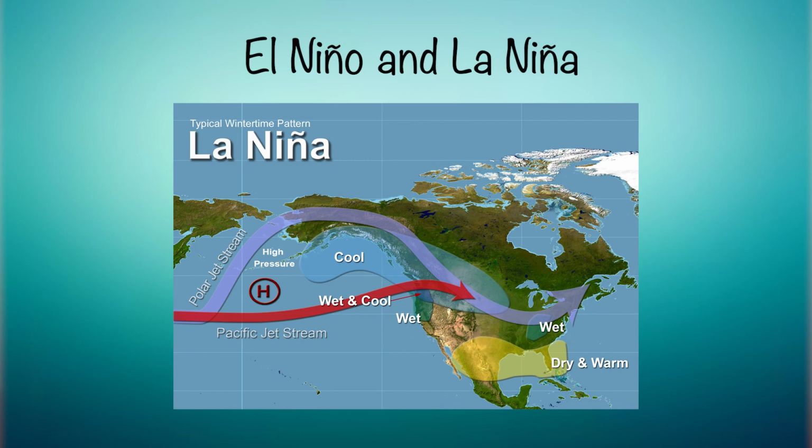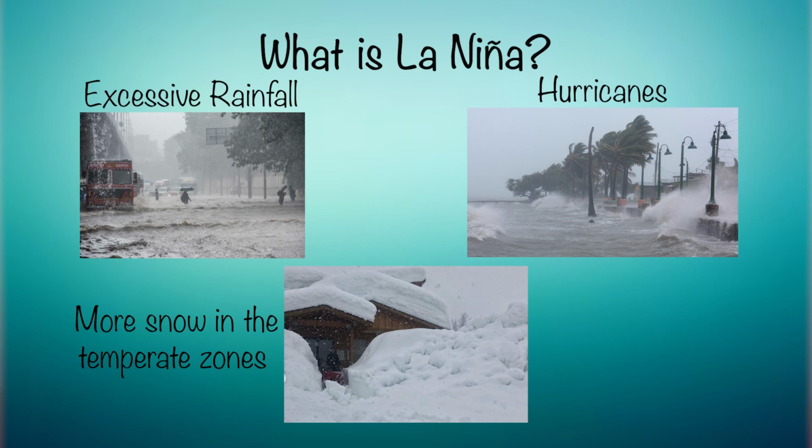So the winds travel in an easterly direction from the Pacific Ocean over to North America and certain parts of South America. What happens when the cooler wind travels across the oceans? We have an increase in Atlantic hurricanes. There is also heavy rainfall which results in flood. As a matter of fact, more snow is formed in the temperate zones.